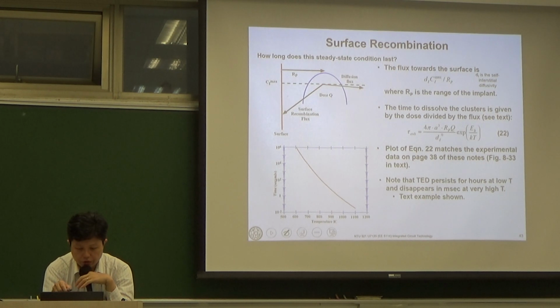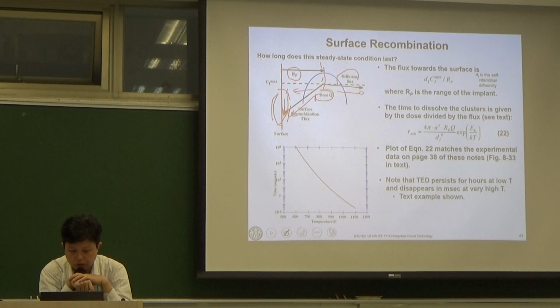Now we can use these figures to explain the surface recombination. So at a certain implantation dose and energy level, this is RP. You have total dose Q, and that will create a diffusion flux going this way and also this way. Because we have surface recombination, that will make this flux drop quickly.